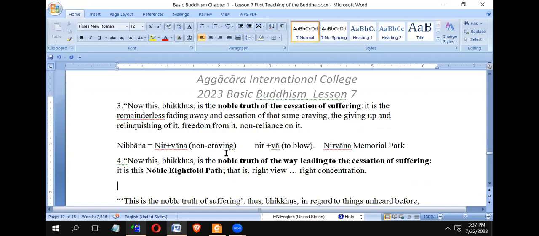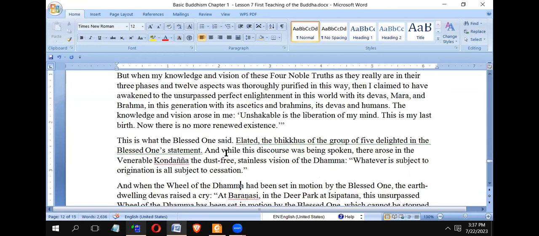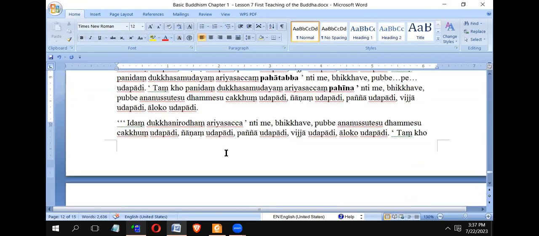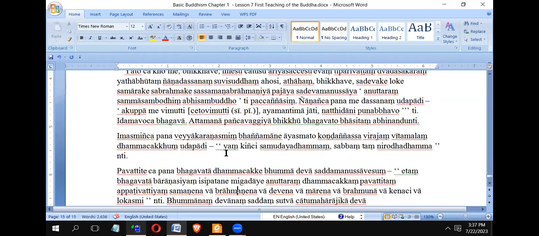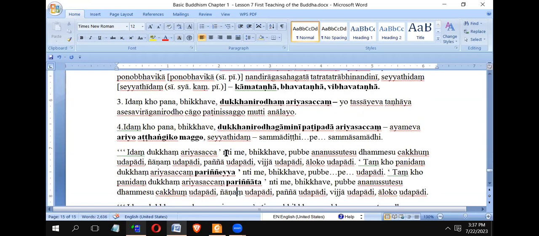Okay, now continue with the Noble Eightfold Path. I think this one is easy. We already mentioned it just now. Now you can see: idang kho pana bhikkhave dukkha nirodha. Nirodha refers to the cessation of suffering above.